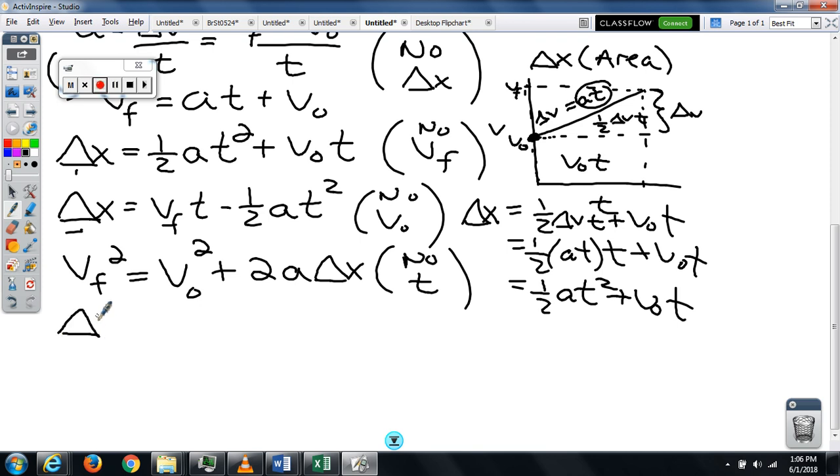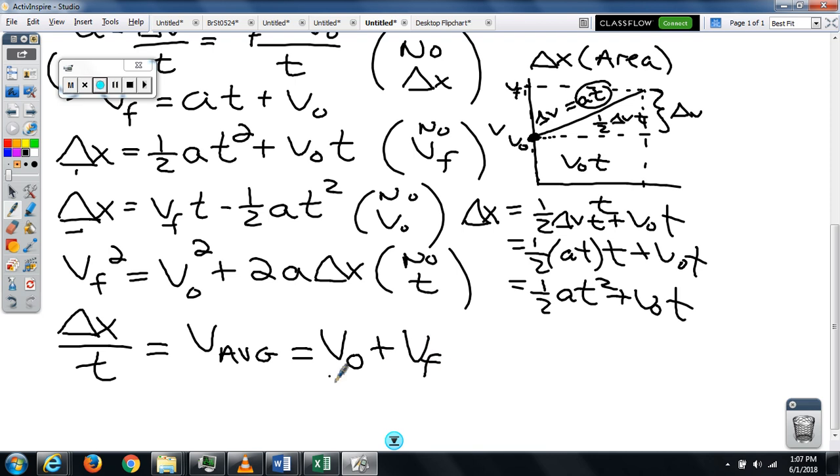So it comes from the fact that this is the constant velocity formula. Displacement over time equals velocity. But when you have an acceleration, then that velocity is really the average. And if you want to compare that with the initial and final velocity, then you can set delta x over t equal to v initial plus v final, and then divide by 2, because we're taking an average.